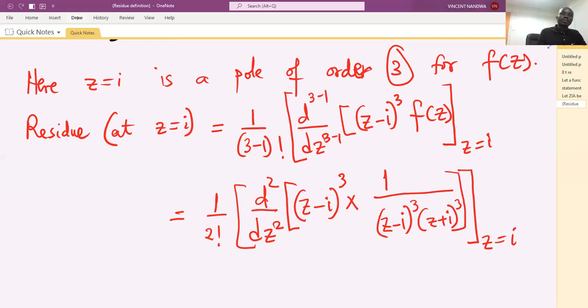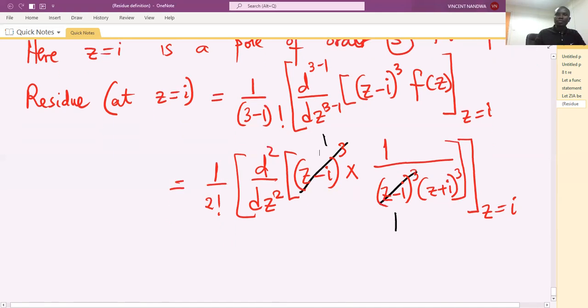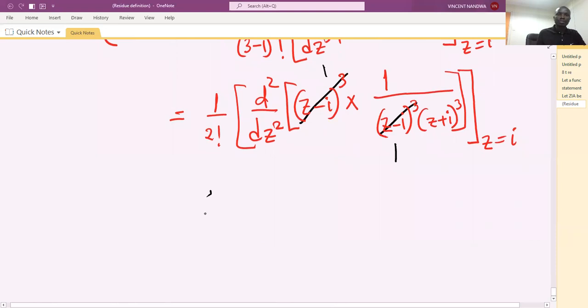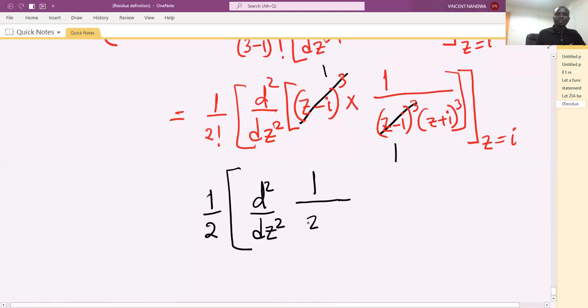And you see by doing this product, this bracket and this bracket cancel out. So the problem reduces to finding, so 1 over 2 factorial is just 1 over 2, now d squared dz squared of simply the function 1 over z plus i power 3. And then all this should be done at z equals i. So that is what we have.